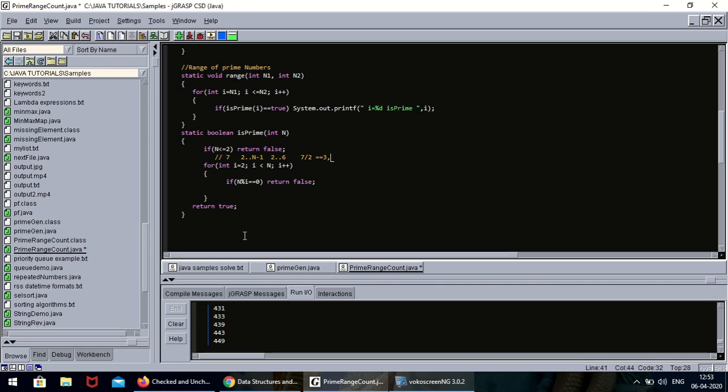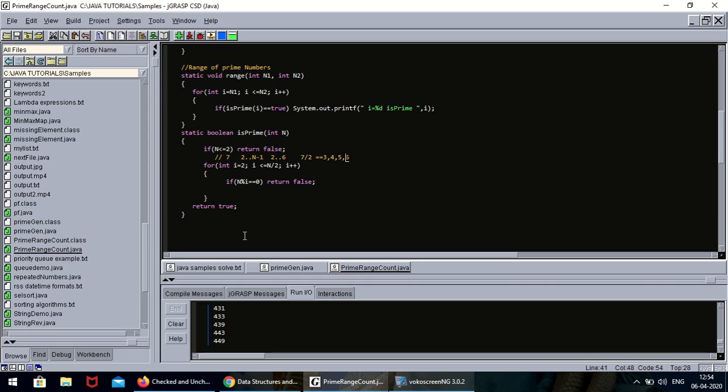After 3 or 4 or 5 or 6, it cannot divide. After that, no value can divide any number. So instead of putting n here, you can put n by 2 also. It should be equal. Only numbers up to half of that number can divide that number.